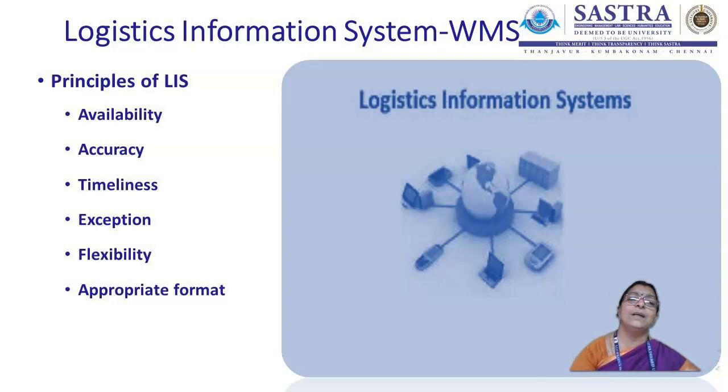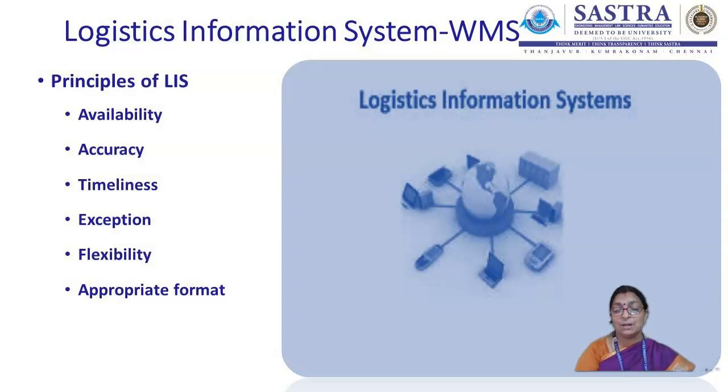The next one, flexibility. Flexibility is the capability to meet the needs of our system users as well as the customers. The information system must be able to provide data tailored to specific customer requirements. Say some customers may want order invoices aggregated across certain geographic or divisional boundaries.